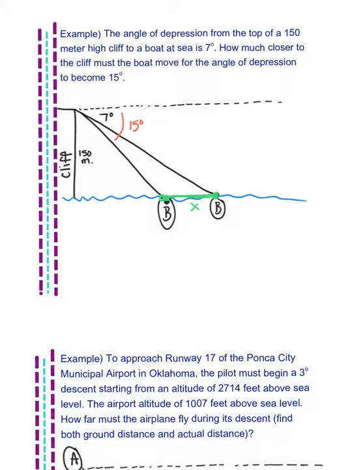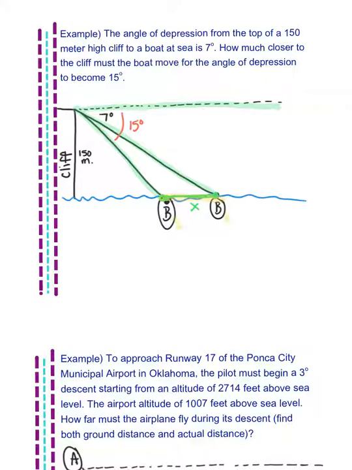You can see that from this horizontal line, always starting from a horizontal line, down to a boat, that angle of depression is 7 degrees. That's what you're seeing in the black.